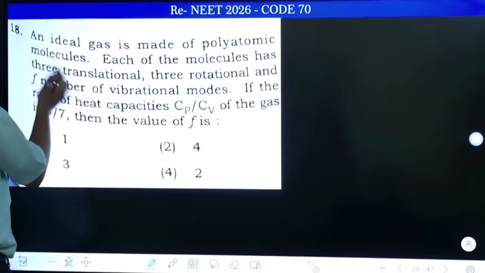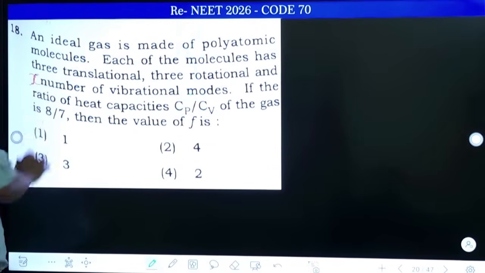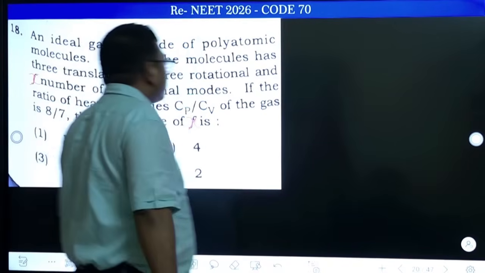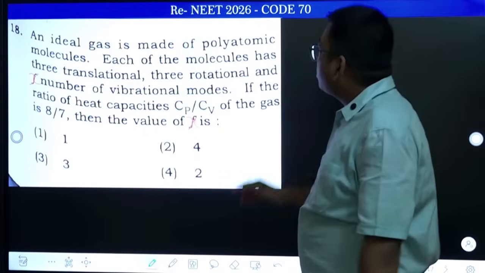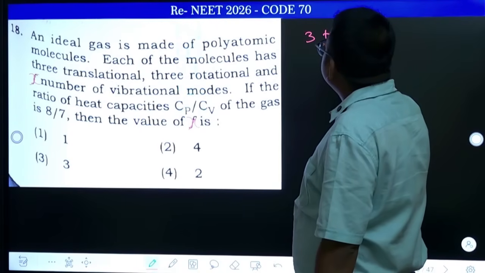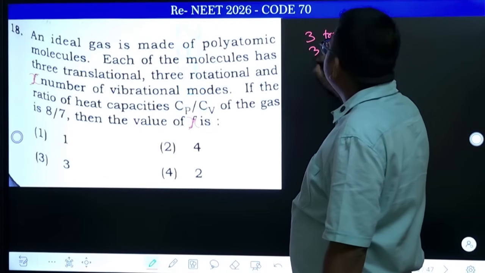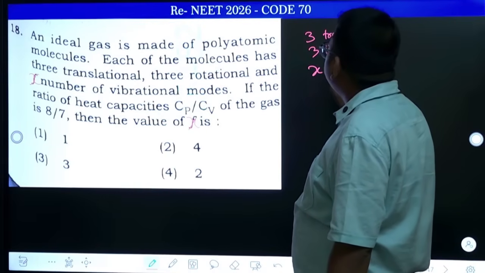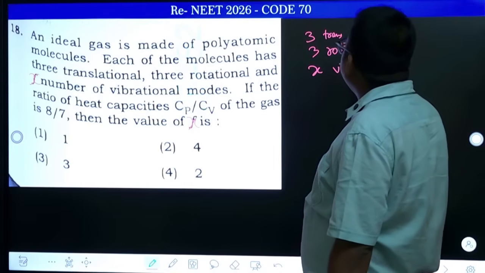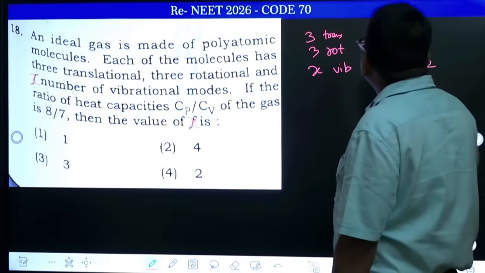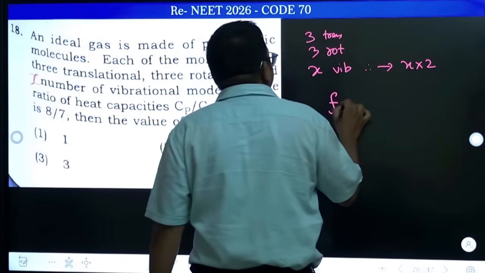Okay. They are asking us to calculate X only. So each molecule has three translation, and three rotation, and X vibrational modes. So note that for X vibration modes, you have to multiply X into 2. Then total degrees of freedom you can calculate.